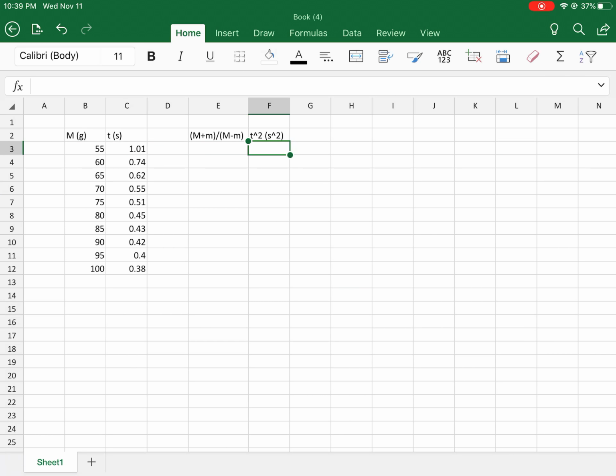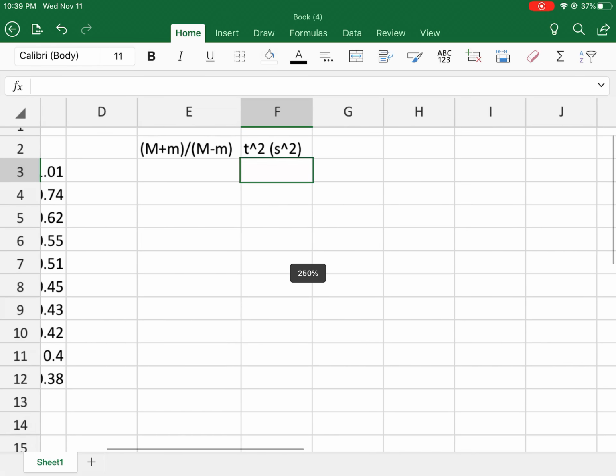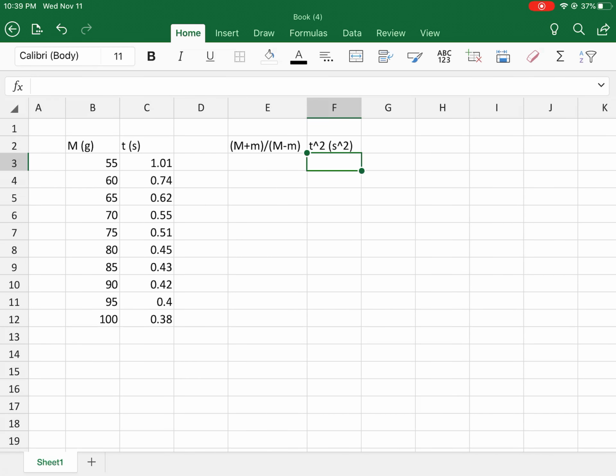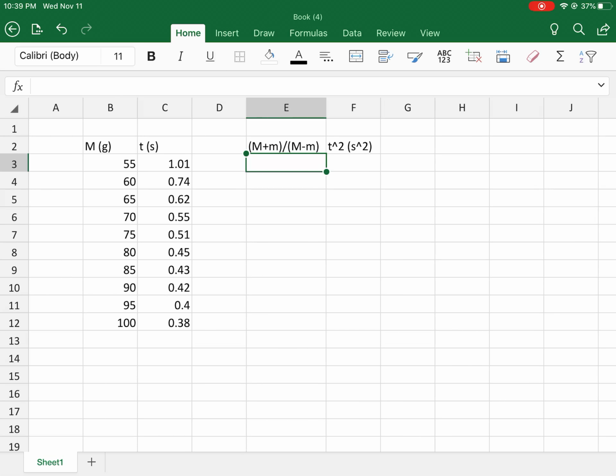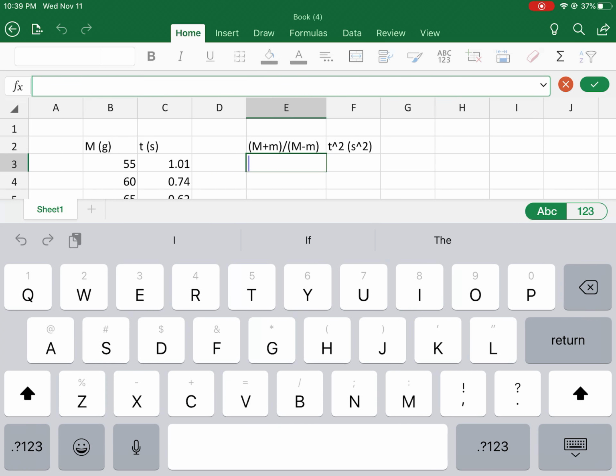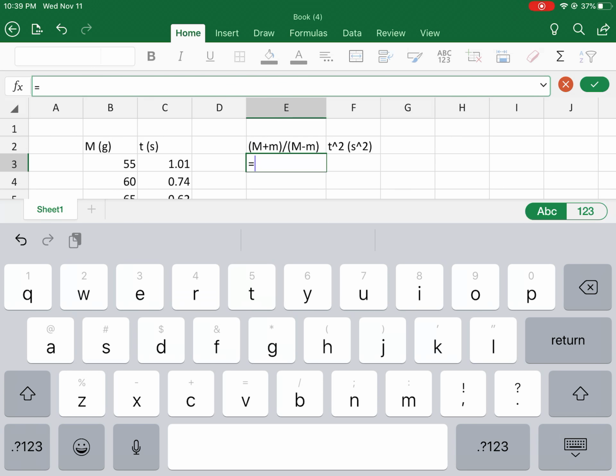Normally we would worry about adding a superscript text instead of using the caret, but we're not gonna go that far for this lab. Now it's time to use formulas to calculate the values that I have in the headings. So here I have to double tap, and every time you calculate with the formula, you click equals. So I need parentheses, and I'm going to do this big mass, 55, so I click on it.